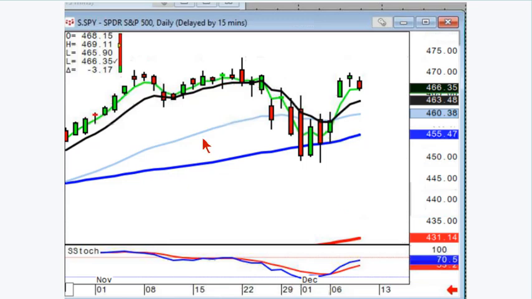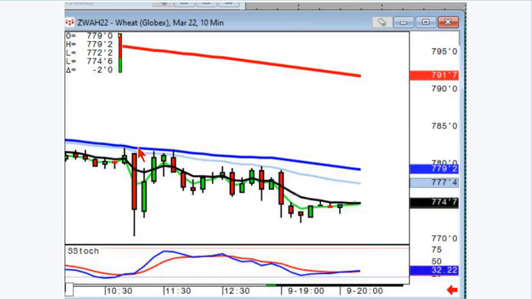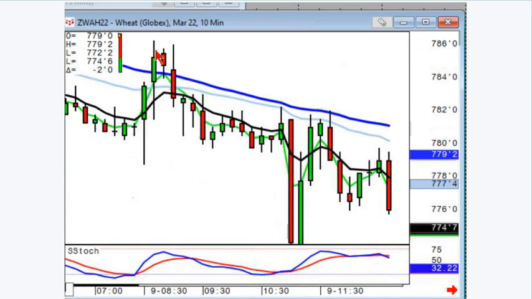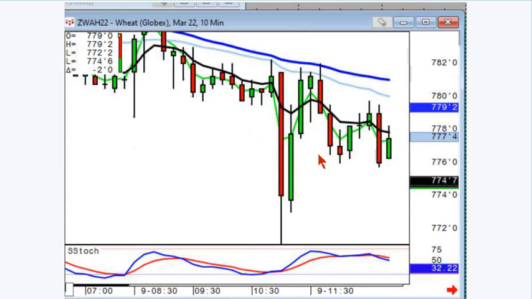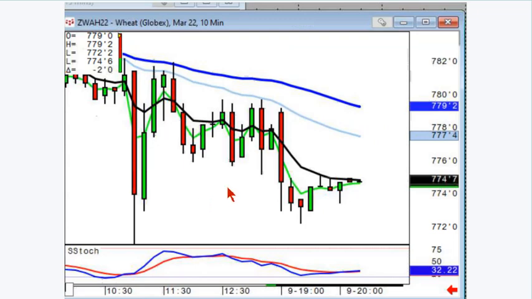So it figured that the downtrend was in progress on the daily chart on wheat. So I'm trading off the 10-minute chart. Make this a little bit more. First it moved up and then it traded back below. Closed it out, traded back below. So I use the 10-minute chart to trade intraday.